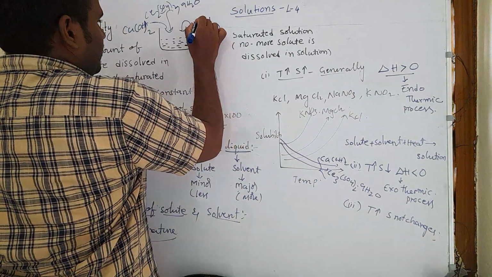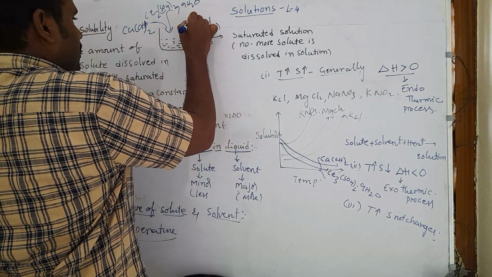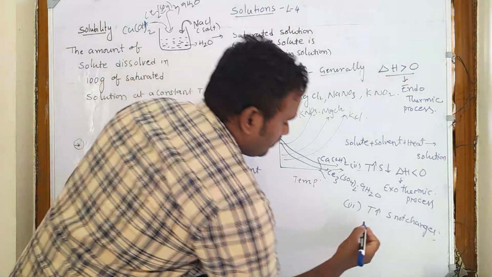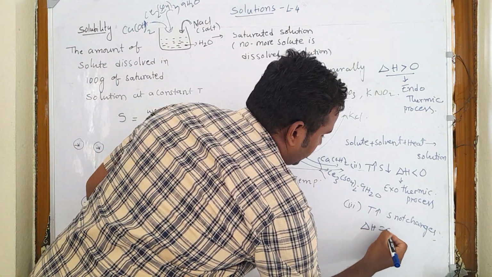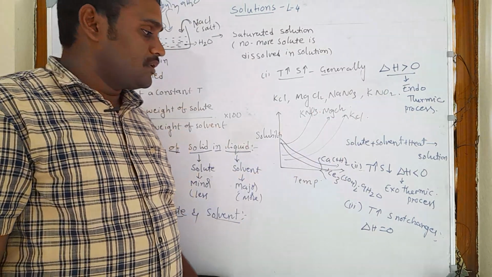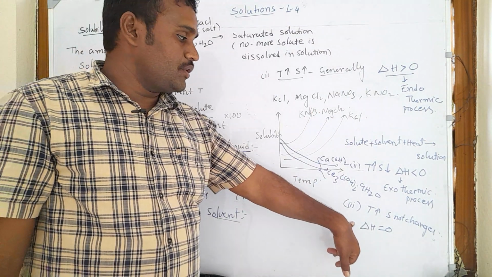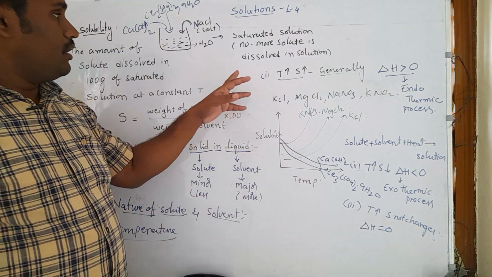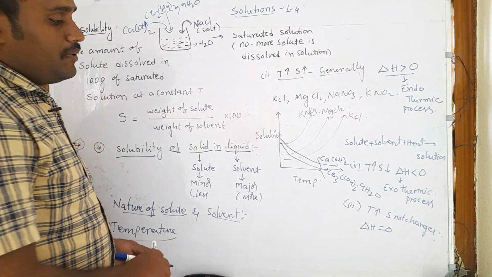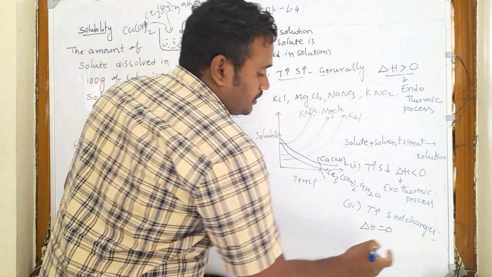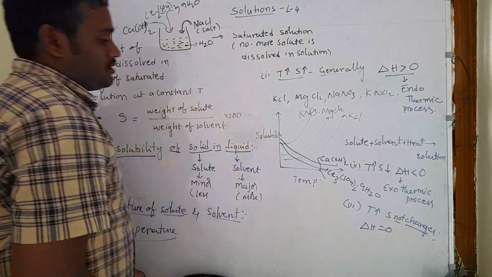When you add NaCl to water, delta H is equal to 0, which means heat is neither absorbed nor released. Delta H is 0, so the energy of the system is not going to change. So in that case, temperature increases and solubility remains constant.